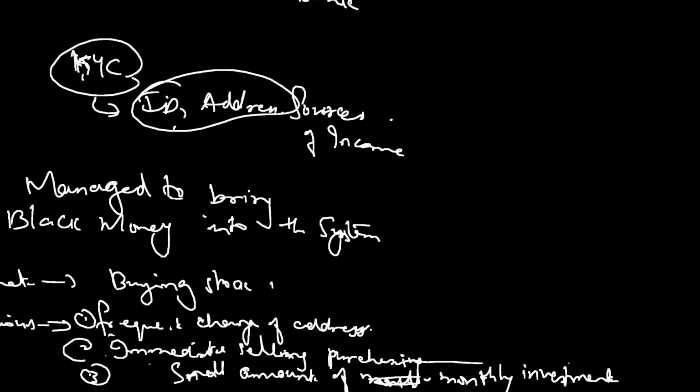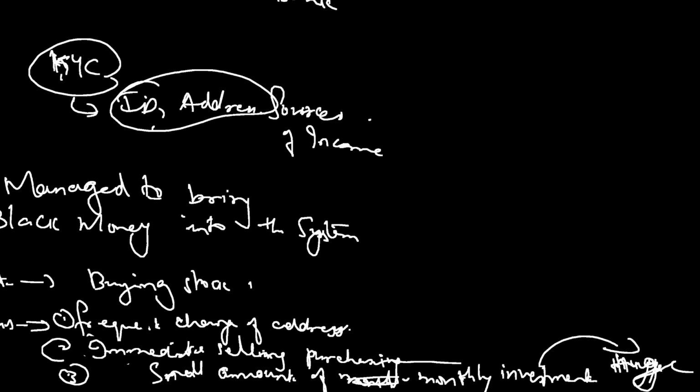Small amount of monthly investment he is doing, and then suddenly he is investing some huge amount of money. In that case, again, it becomes a suspicious activity: how did he get such a huge amount of money? So that also can be suspicious. Okay, so these are some of the suspicious activities or transactions which can lead to suspicion.